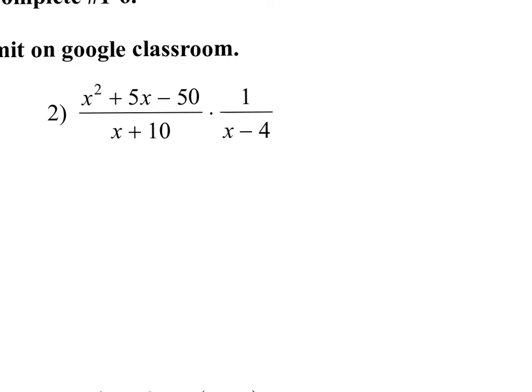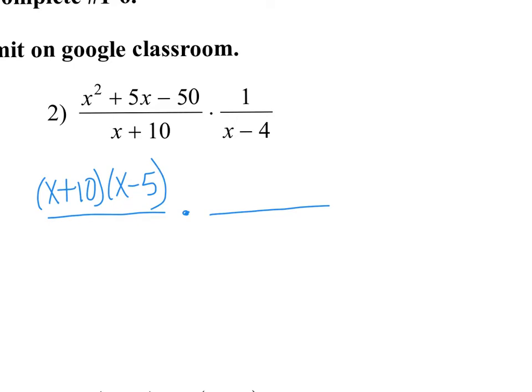Number 2 is also multiplication, and I'm going to factor everything I can. I'm able to factor the numerator to x plus 10, x minus 5. As a reminder, we're looking for 2 numbers that multiply to negative 50 and add to 5.